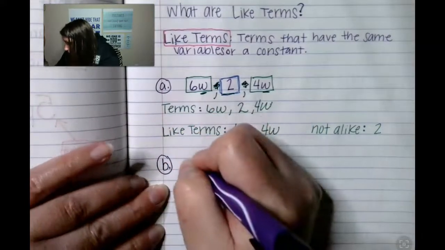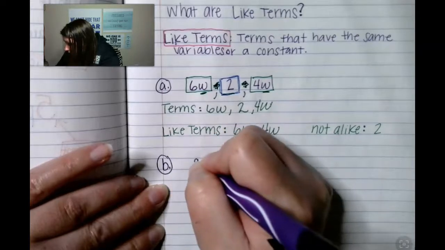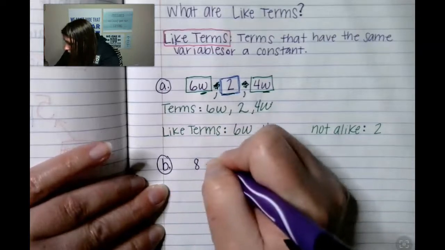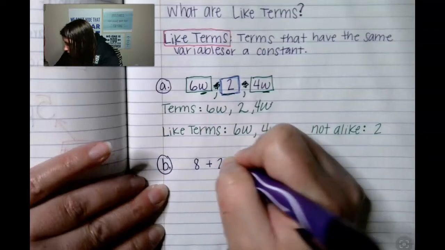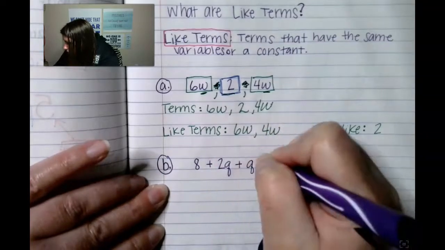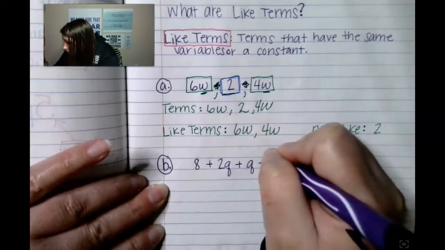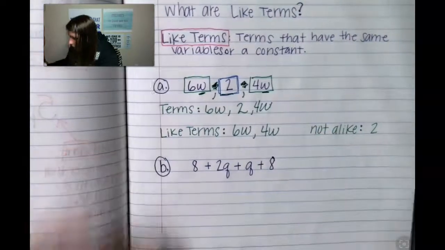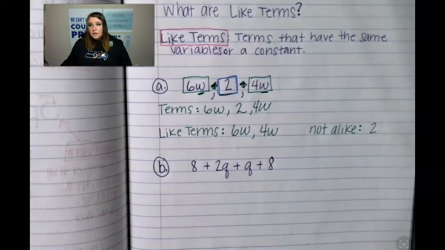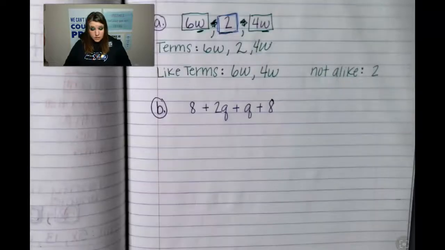Let's say that I have 8 plus 2Q plus Q plus another 8. First, let's list the terms.